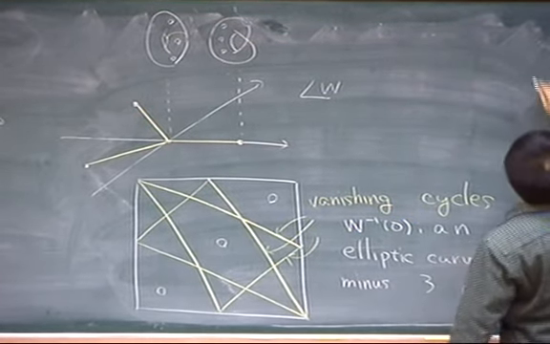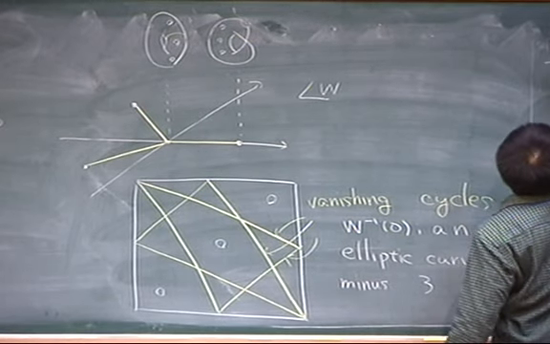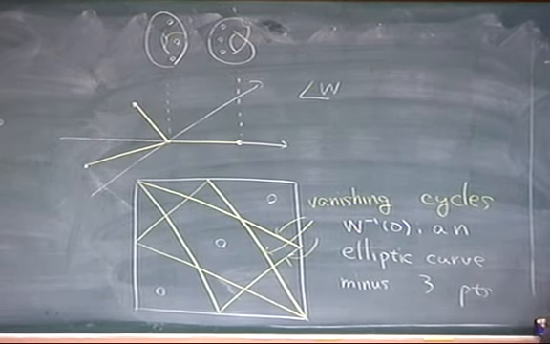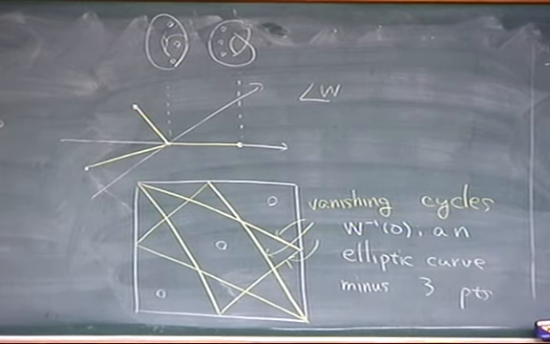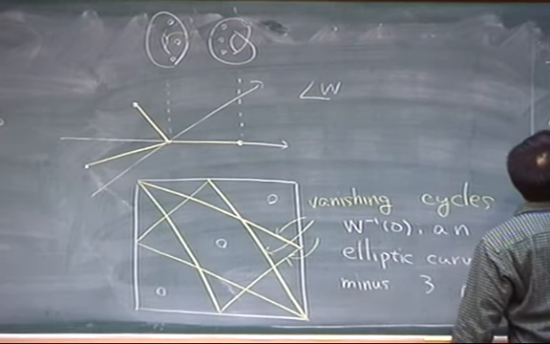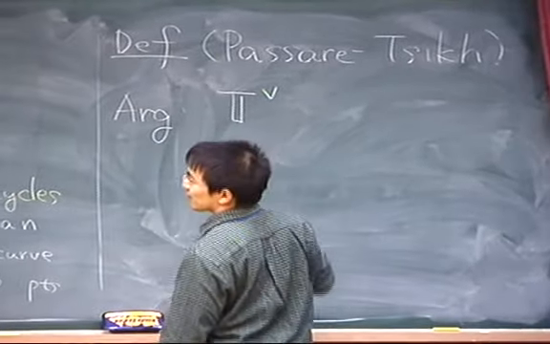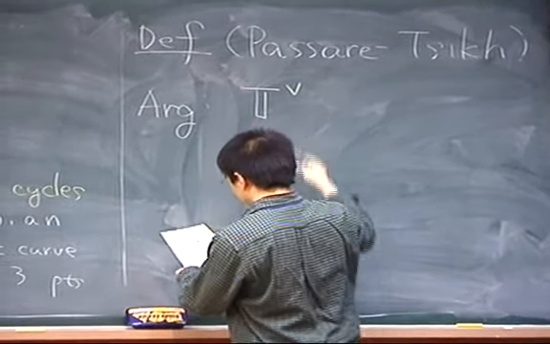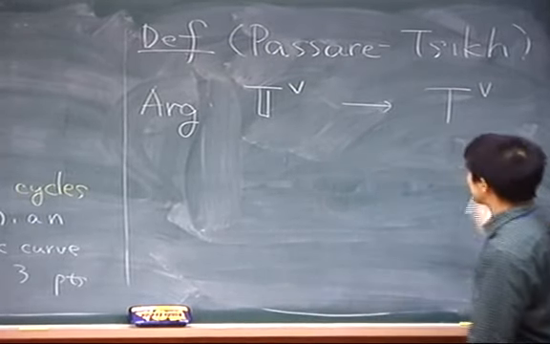And before going further, let me recall the definition of coamoeba appearing in the title. Let Arg be the argument projection from this torus, where W is defined, to the real torus.